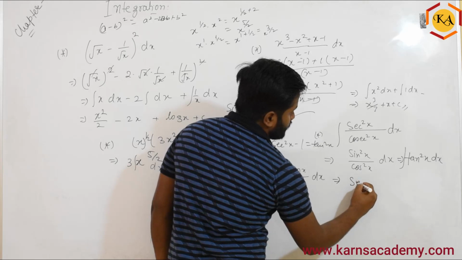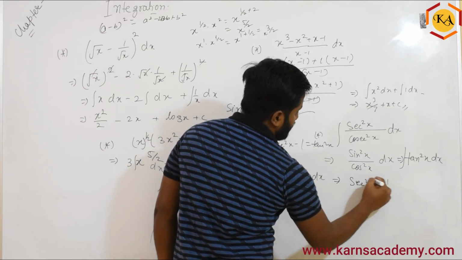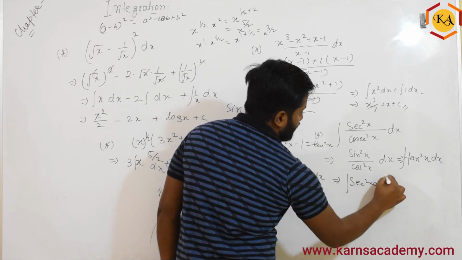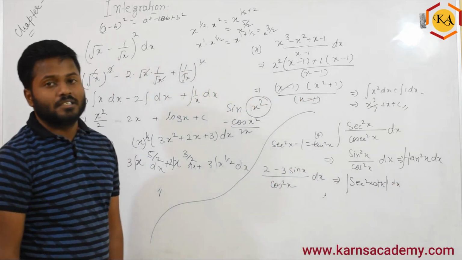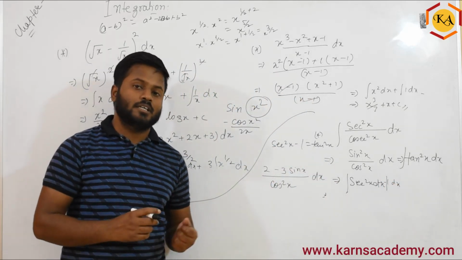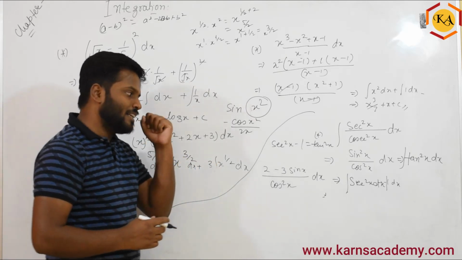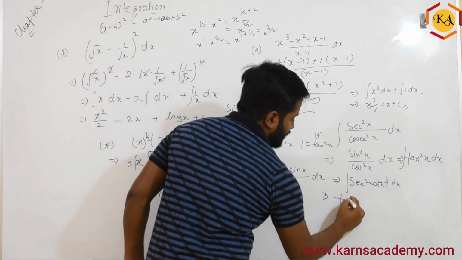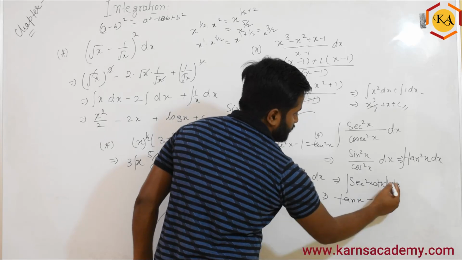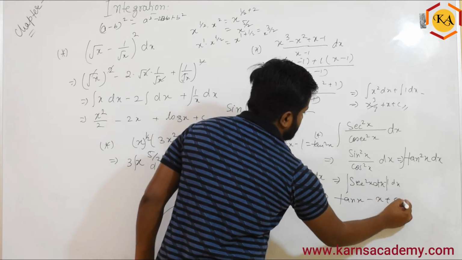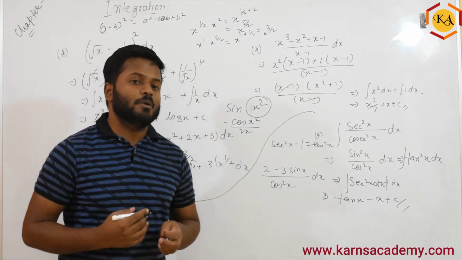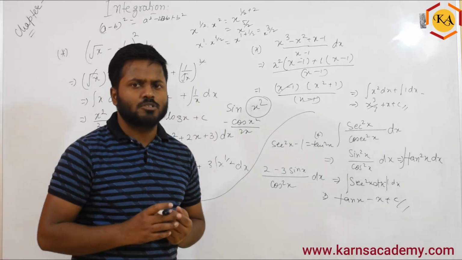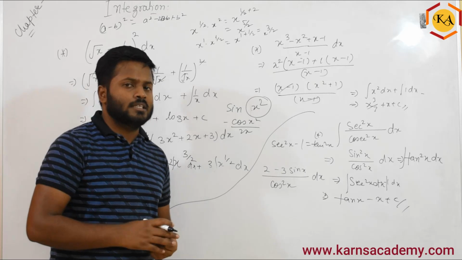So integration of secant square x minus 1, let me write dx here, minus dx over here. What is the secant square integration? Secant square integration is tan x. See the formula. Minus 1 integration is x plus c. So this is how you will solve in the trigonometric function. When they have given it, a little bit of adjustment you have to do. After that you can get the answer easily.